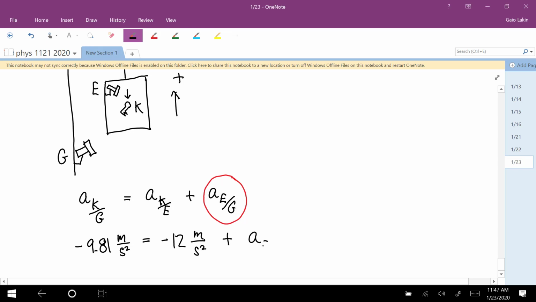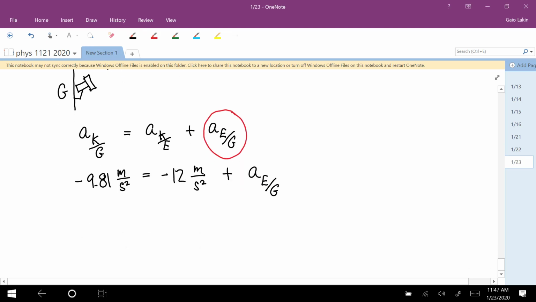And then this is what we're trying to calculate. And so now it's just algebra, and you get that the acceleration of the elevator relative to the ground is equal to positive 2.19 meters per second squared.